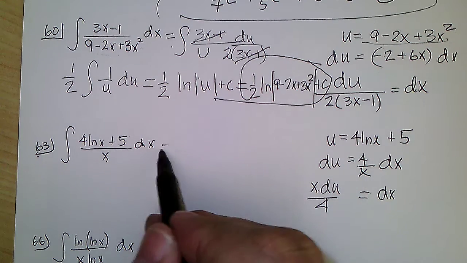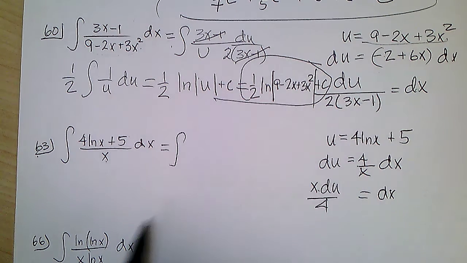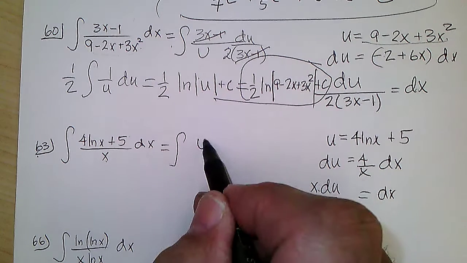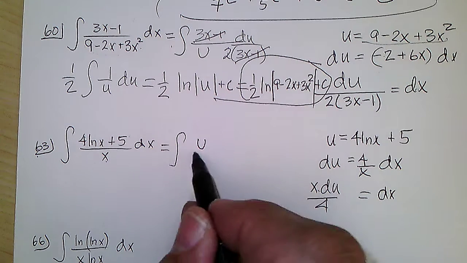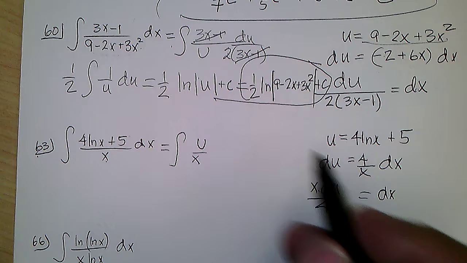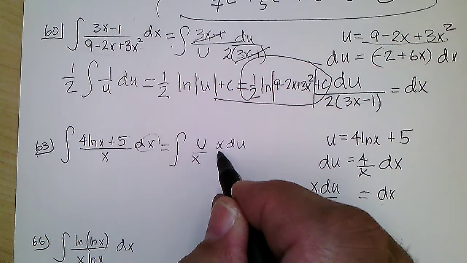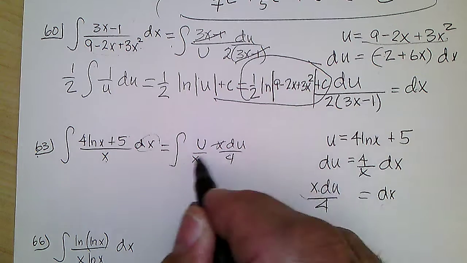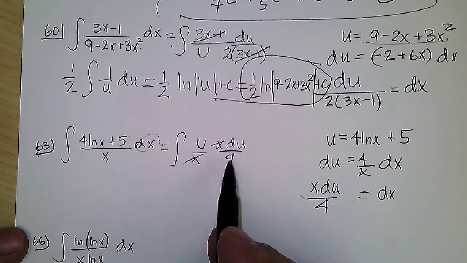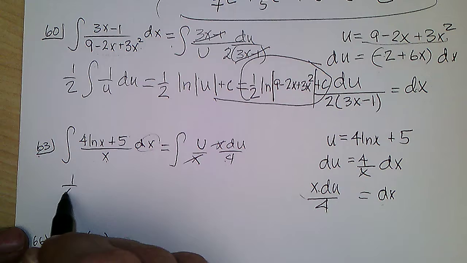And so this would become the integral of u over x times dx, which is x du over 4. The x's cancel. The 4 can come out as a fourth.